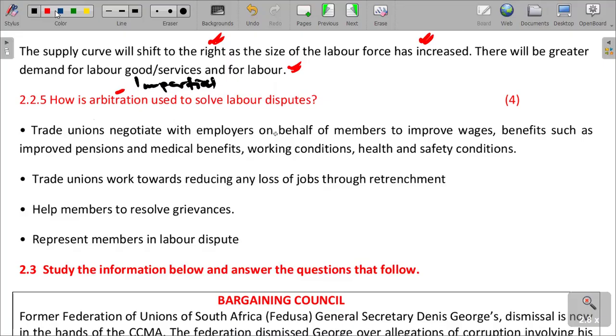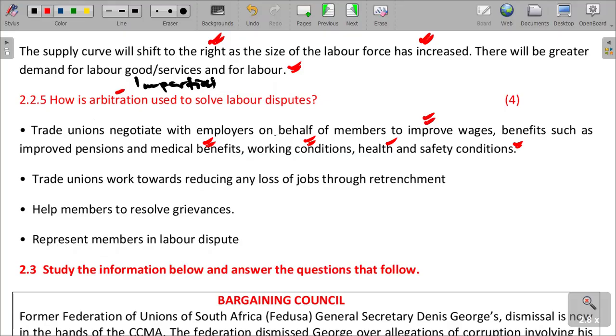we need to understand that trade unions negotiate with employers on behalf of members to improve the wages, benefits such as pensions, medical benefits, working conditions, health and safety conditions. These are negotiated by trade unions who represent the employees.